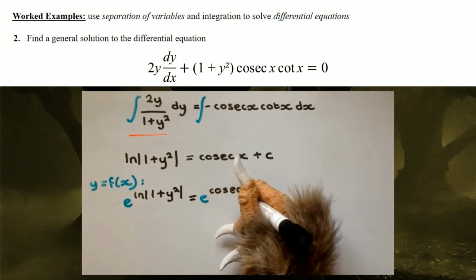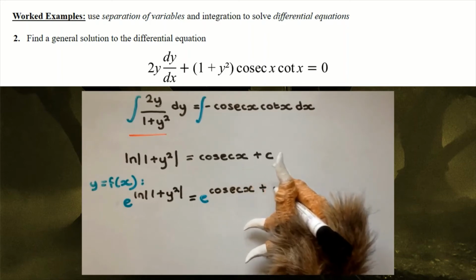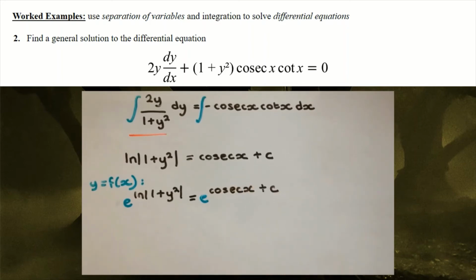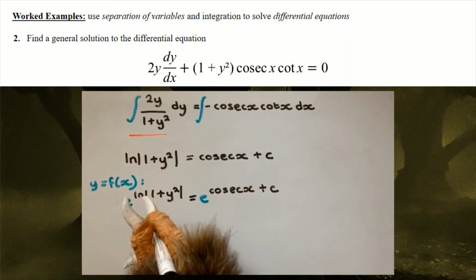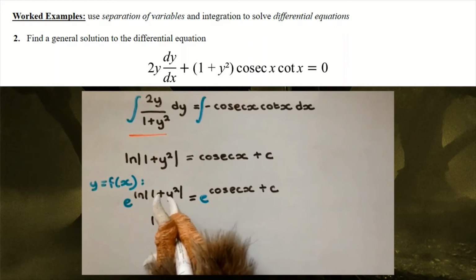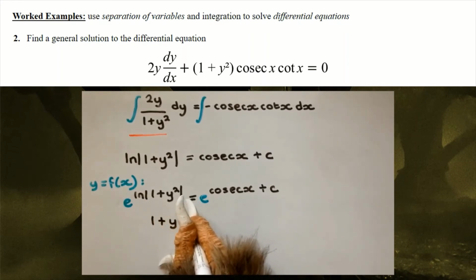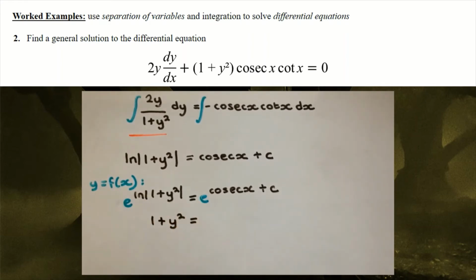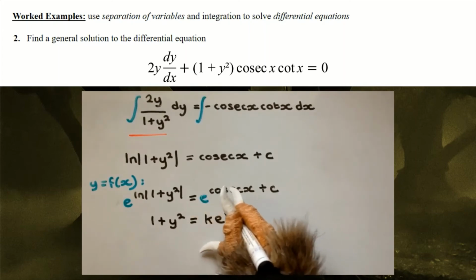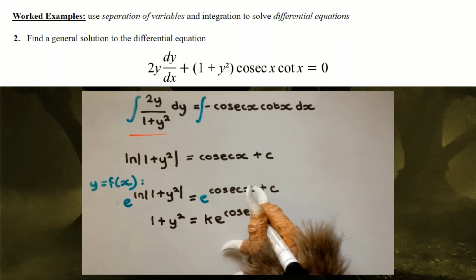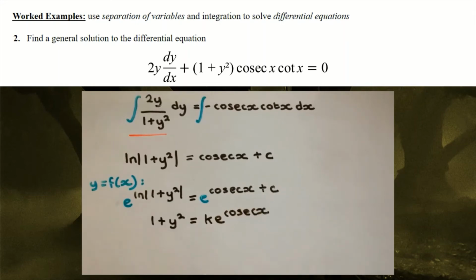We've come across this plus c in the power already, so I'm not going to go too much into that. I'll put that in the next step. Inverse functions, we're going to have 1 plus y squared here, which is equal to k e to the cosec x. Then subtract 1 and take the square root, of course.